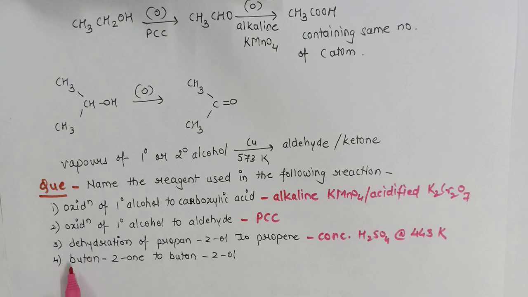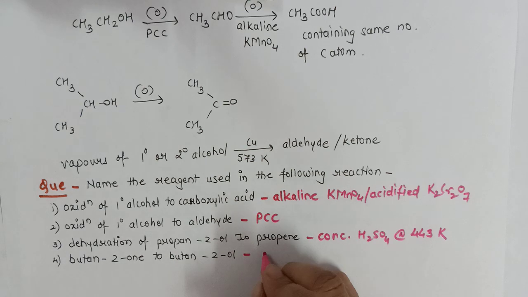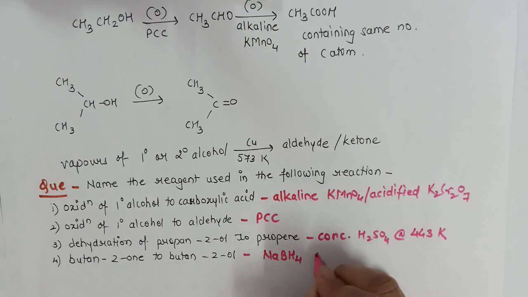And lastly, butan-2-one to butan-2-ol, that is we have to convert ketone to alcohol, therefore we'll carry out a reduction by using sodium borohydride, or we can even carry out hydrogenation in presence of catalysts like nickel, palladium, etc.